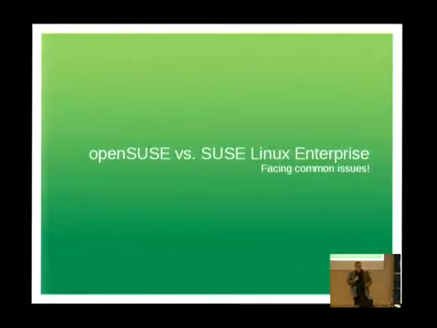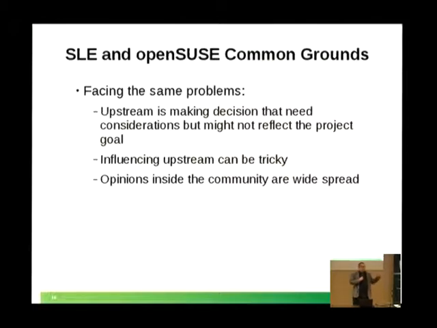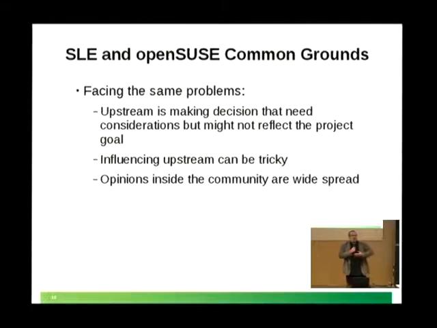So we are also facing common issues. One of the things that every open source distribution, every open source project is facing, is that we're all based on some upstream project. And this upstream project might make changes that we don't really like. Like, let's say they are changing the API, they are making a minor release that is breaking backward compatibility inside of the major release.